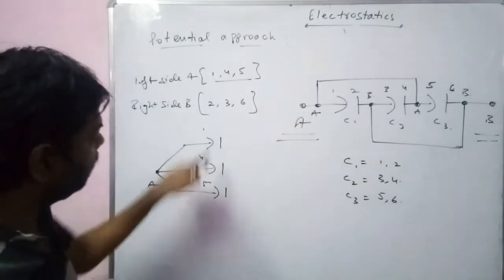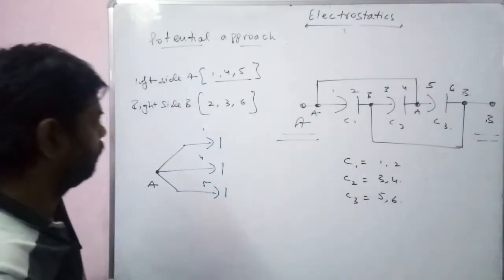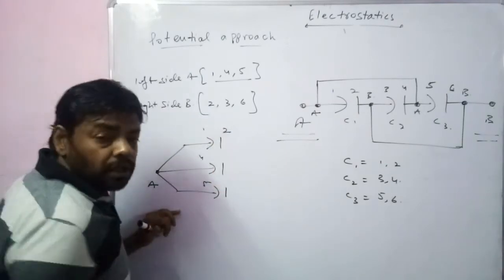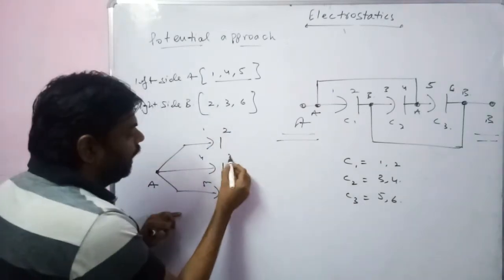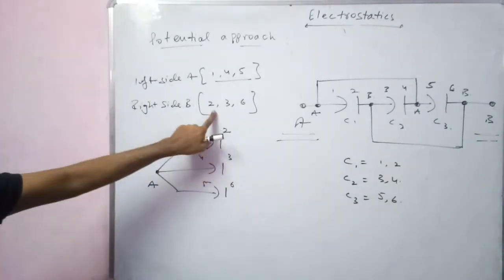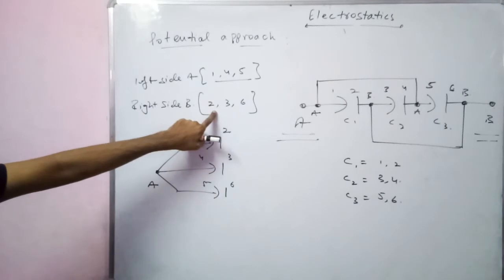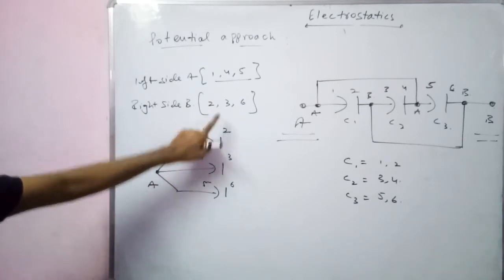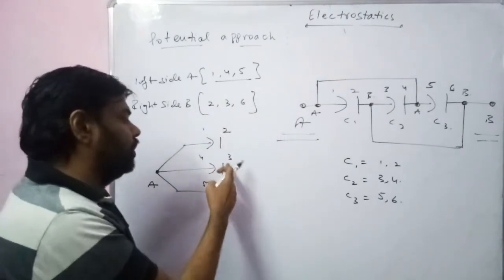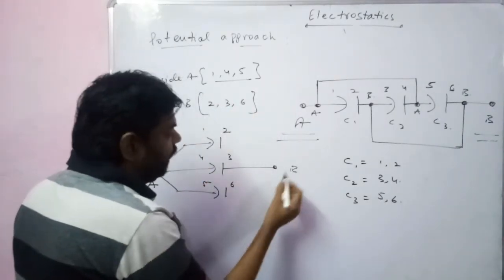Complete the naming of the capacitors using this format: 1, 2, 4 and 3, 5 and 6. Now take a look at the data. The right side B is connected with the plates 2, 3 and 6. They are available. Say this is the point B.